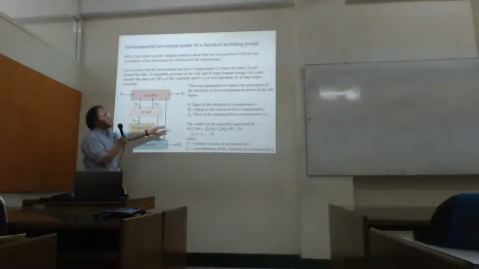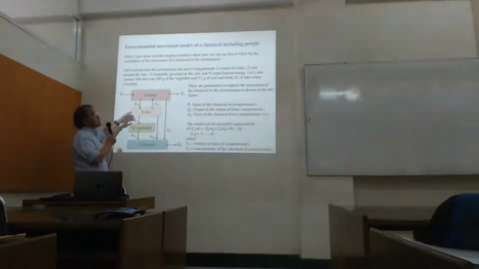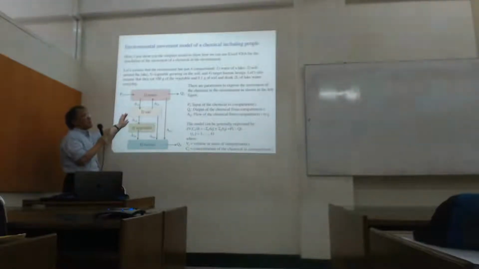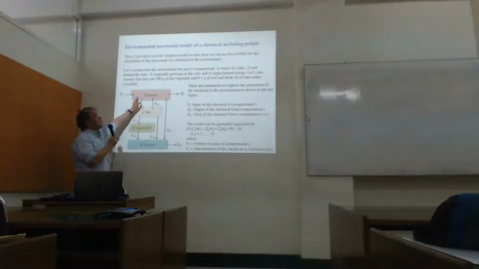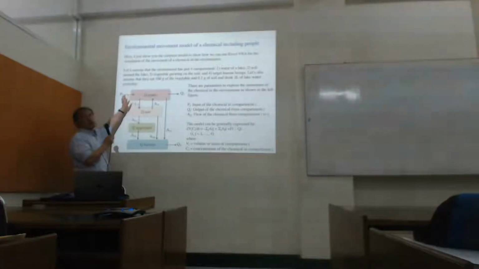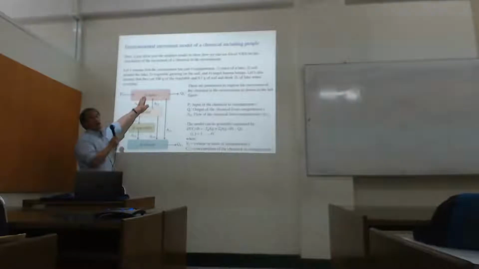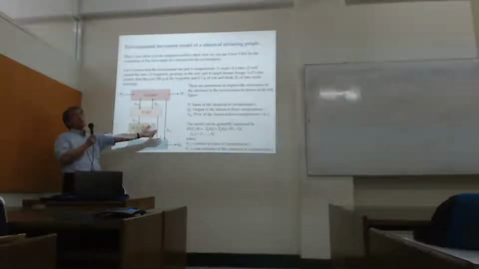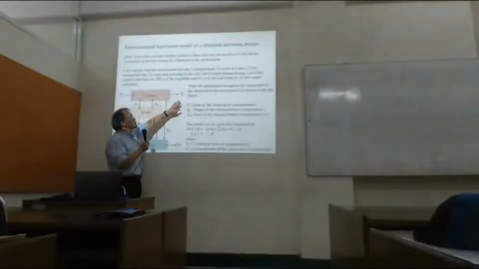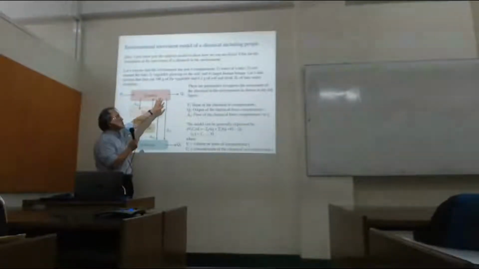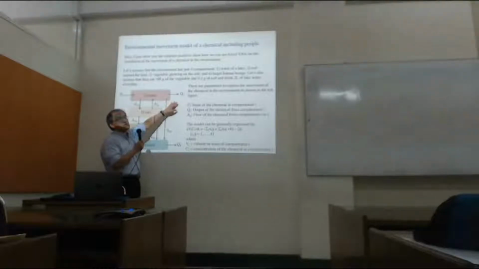Now there are parameters to express the movement of the chemicals in the environment, as shown in the figures. So Pi is the input of the chemical to compartment i. It means some of the pollutant is input to lake waters from maybe industry, and it also flows out at the speed of the flow rate Qi.